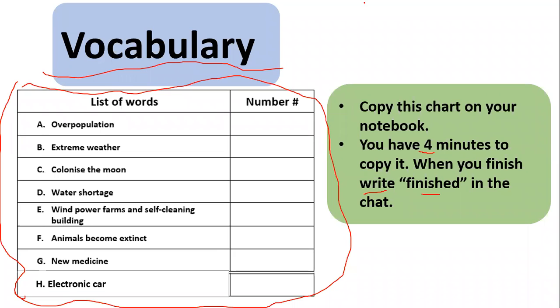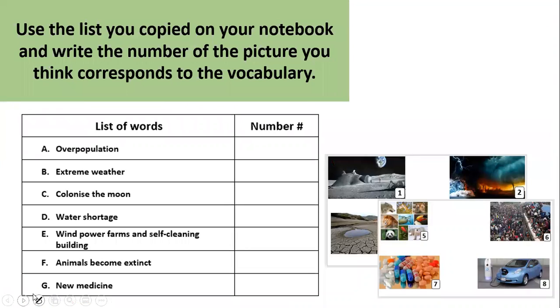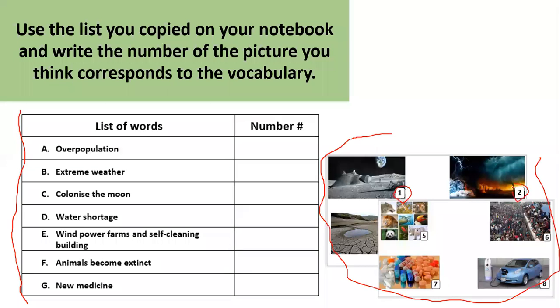Okay, so we're going to continue. This is what I'm going to ask you to do, okay? This list that you have in here, you're going to use it because we are going to check some pictures. The pictures, if you see, they have numbers. So what I want you to do is write the number where it says number of the picture that you think corresponds to the vocabulary.